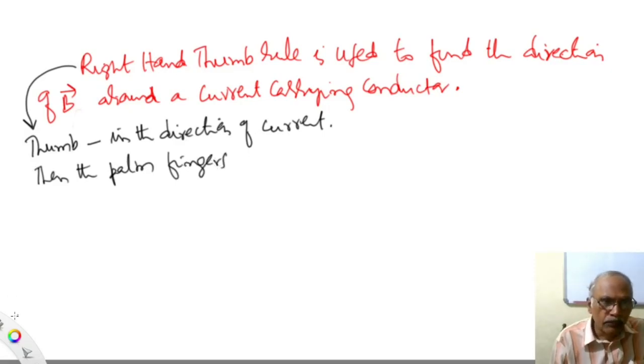The direction in which the fingers are folded is the direction of the magnetic lines.